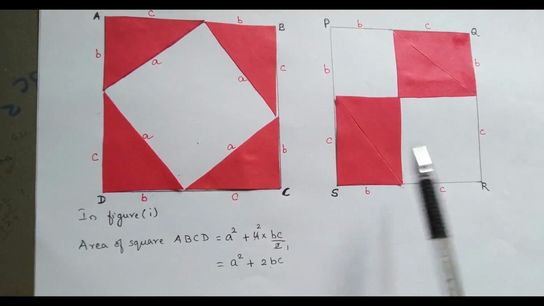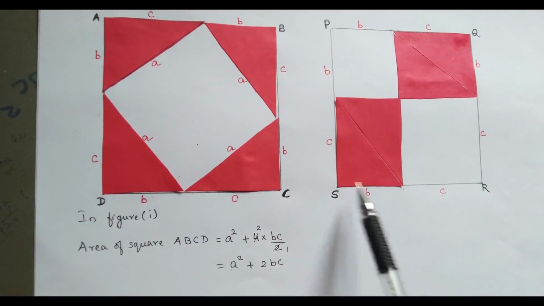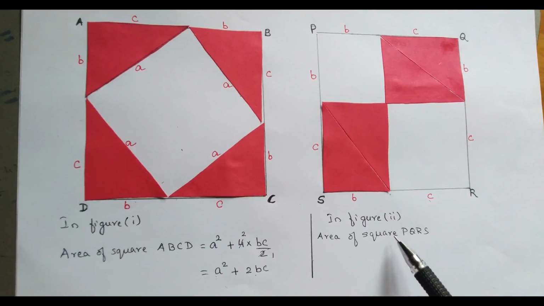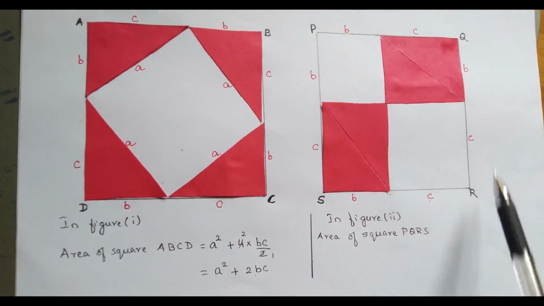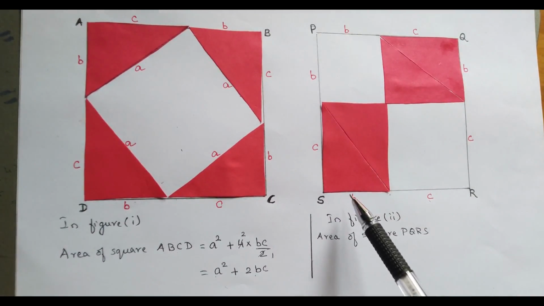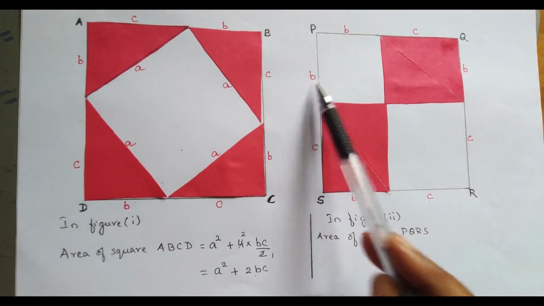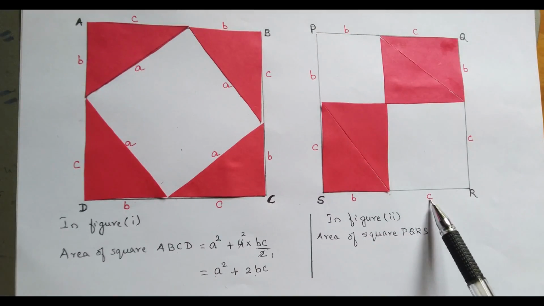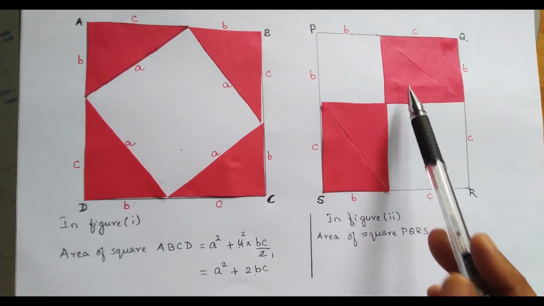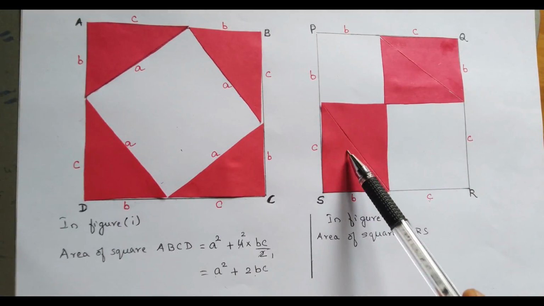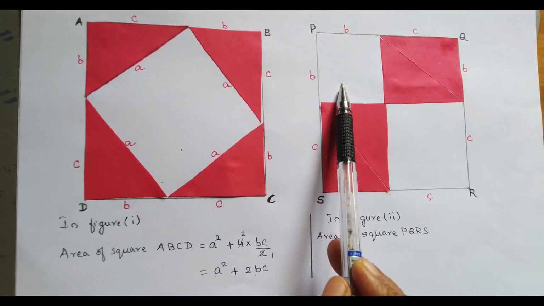Now let's see the area of the square PQRS. In the second figure, area of square PQRS will be the sum of the square with side B, the square with side C, and the area of 4 right angle triangles. The area of this square becomes B square.